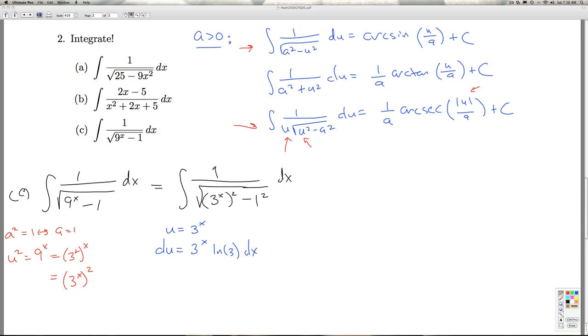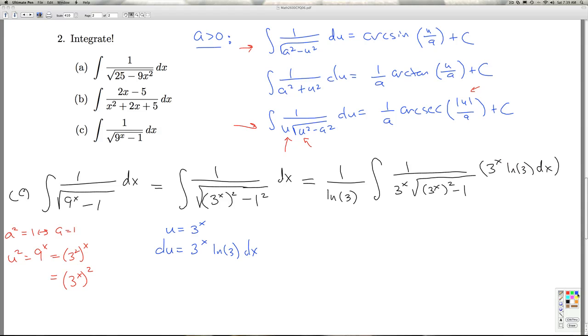I'm going to have to multiply the numerator and denominator by 3 to the x, but that's actually a good thing to have that 3 to the x in the denominator, because look what I need for arcsecant. So I'm going to rewrite this as 1 over the natural log of 3 times the integral of 1 over 3 to the x times the square root of 3 to the x squared minus 1, and then I've got a 3 to the x natural log of 3 dx saved off here for the du.